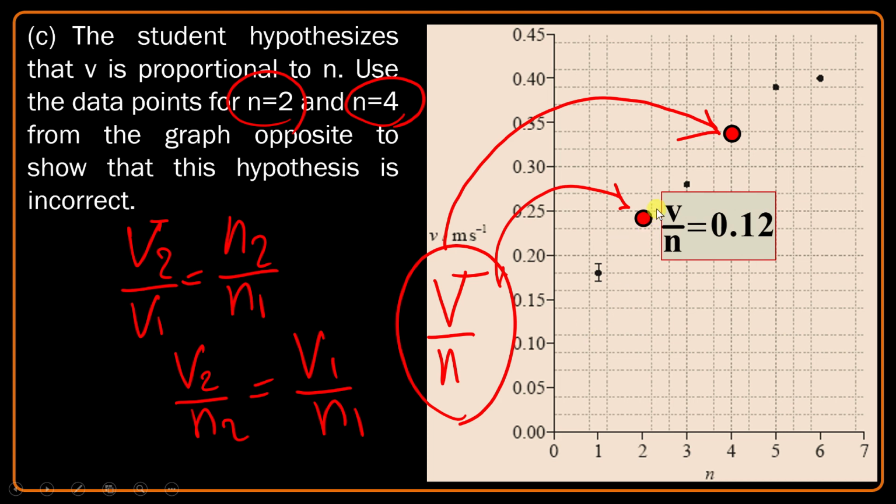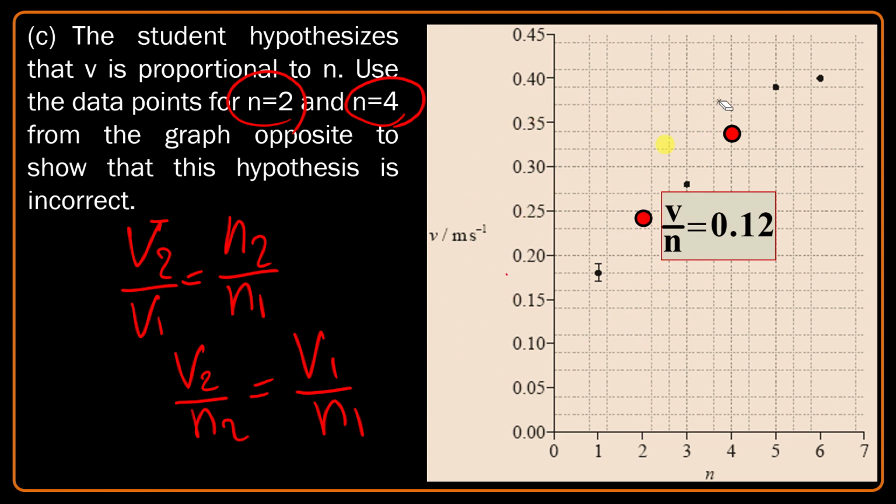So let's take V over N for this point. N is easily 2, and V is going to be this value. It's about maybe 24, something like that. Yeah, 0.24. So if I divide 0.24 by N, which is 2, it's going to be 0.12.